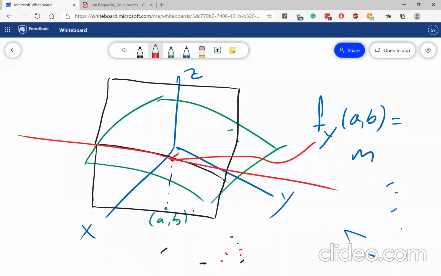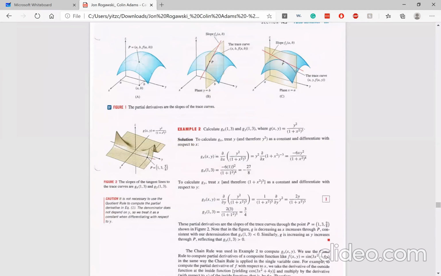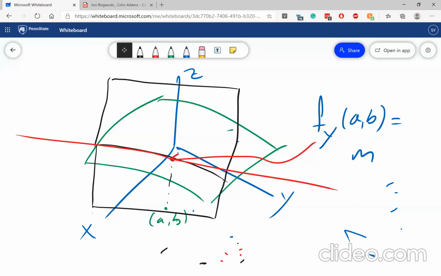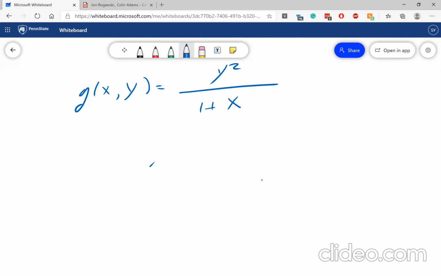Any questions about this? Okay. So they want us to calculate these things where g of x, y is equal to y squared over (1 plus x squared) cubed.